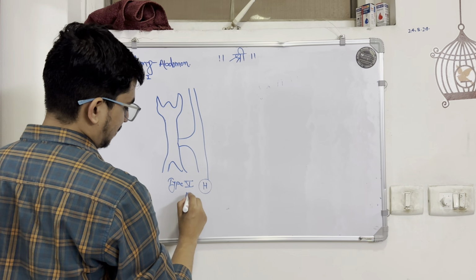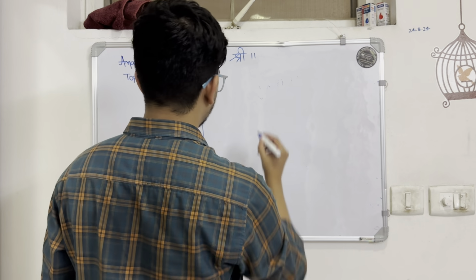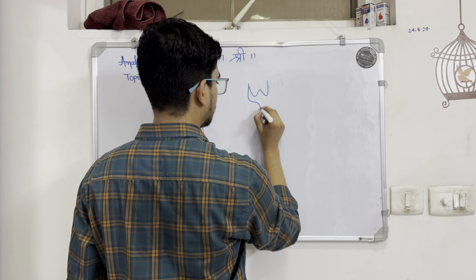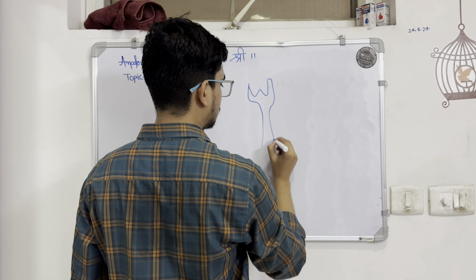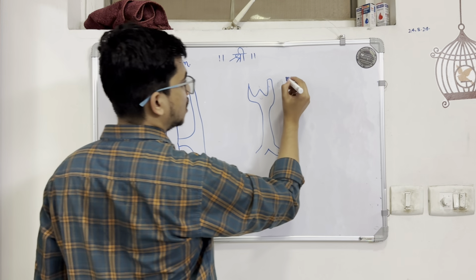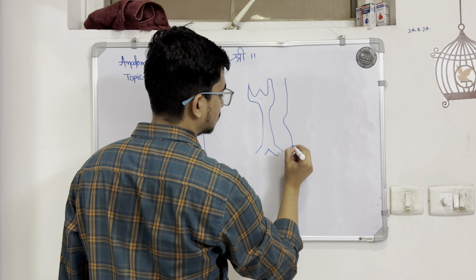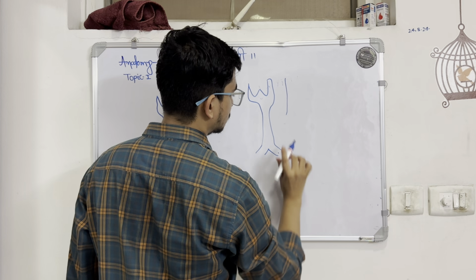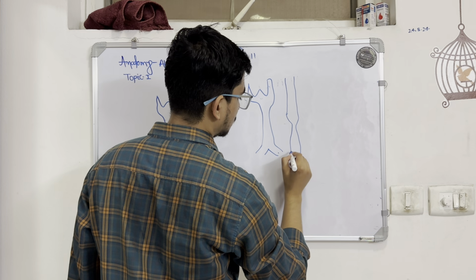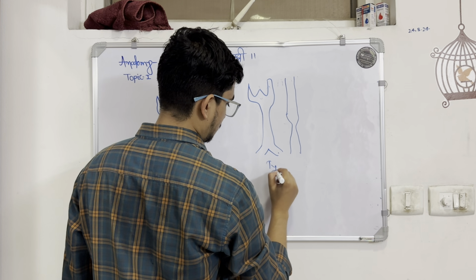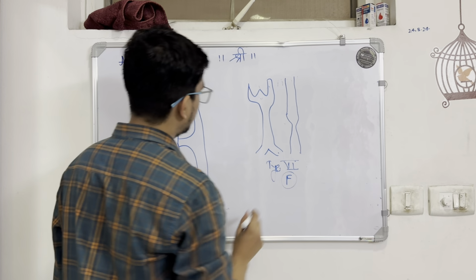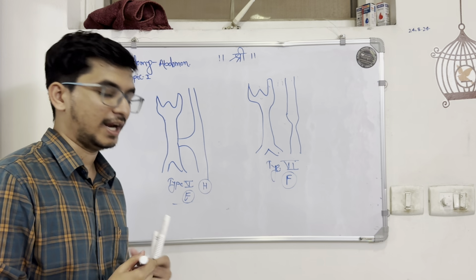Next, the last one. There is no tracheoesophageal fistula. There is presence of only esophageal stricture. This is type 6 or F type. These are the congenital anomalies of trachea and esophagus.